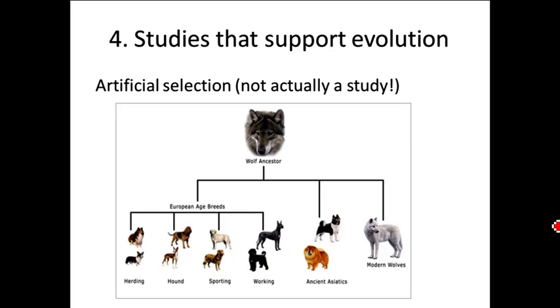Then humans started deciding which of these wolves hanging around to breed with each other in the hopes of enhancing some characteristic they like, like defending them or helping with hunting. Over a couple thousand years, that eventually gave rise to all of the variety of dog breeds that we see today, which in many cases look very different from each other and very different from the wolves.